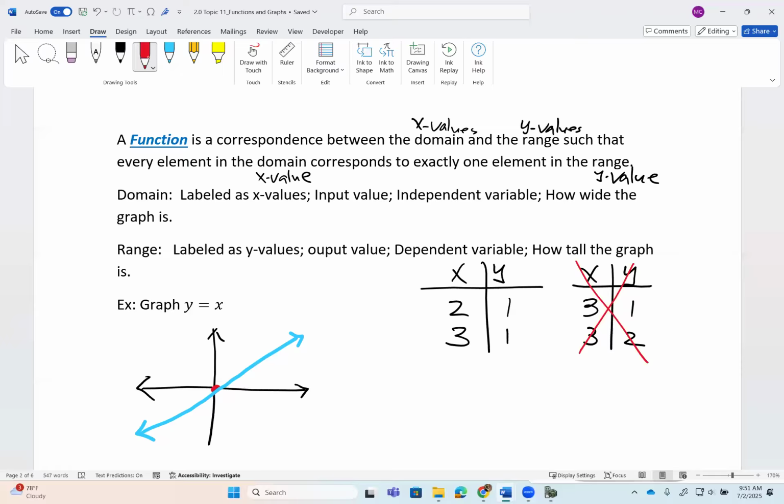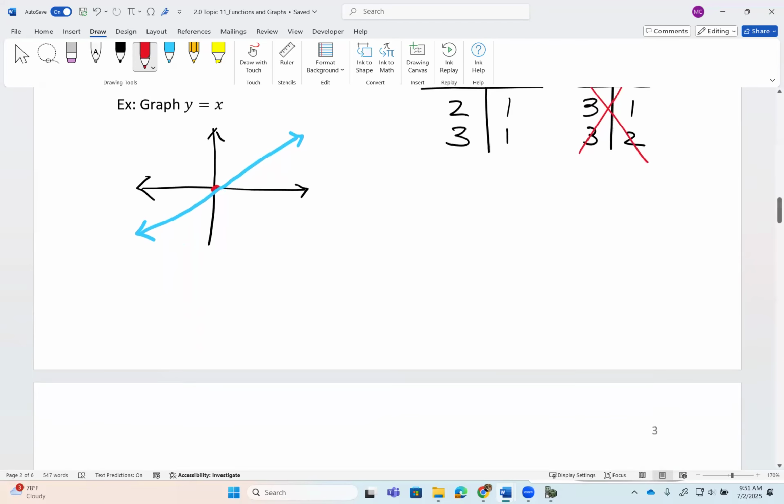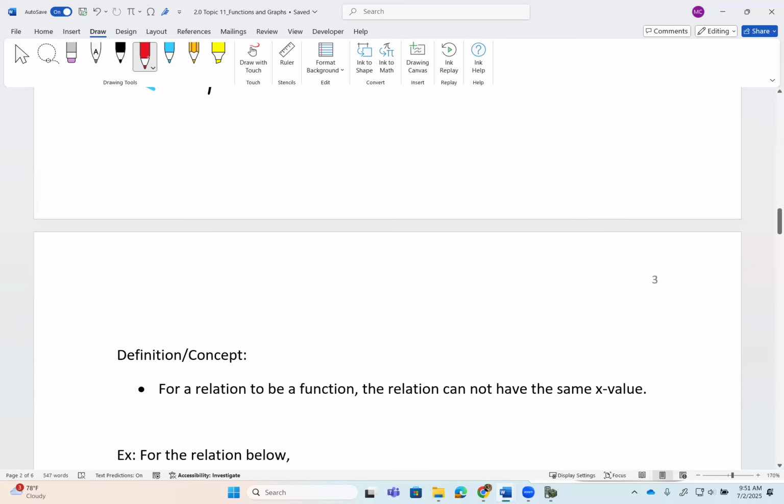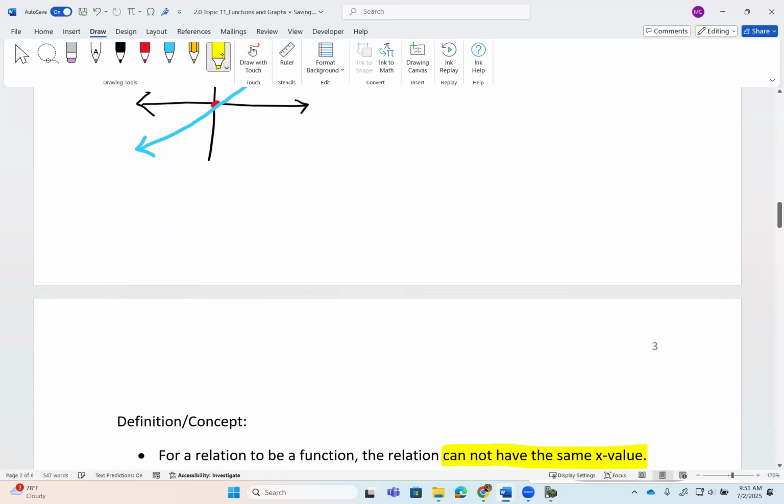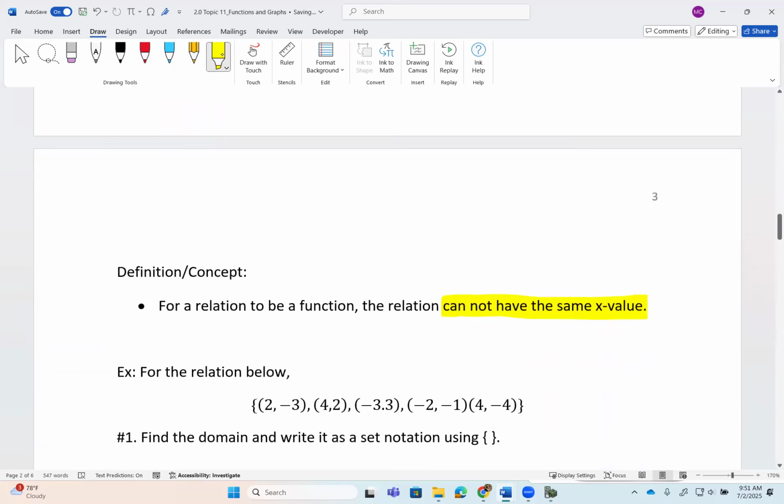Just like the straight line. A straight line technically is considered a function because all the x values on this blue line I drew correspond to one y value. So the point is, for a relation to be a function, the relation just cannot have the same x value. If it's the same x value, it's not a function.